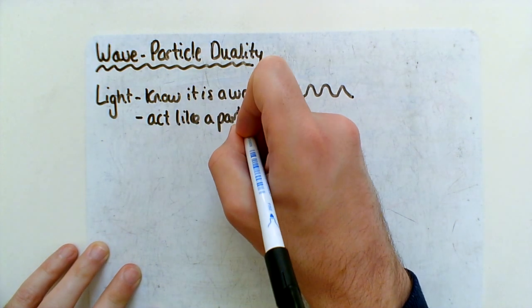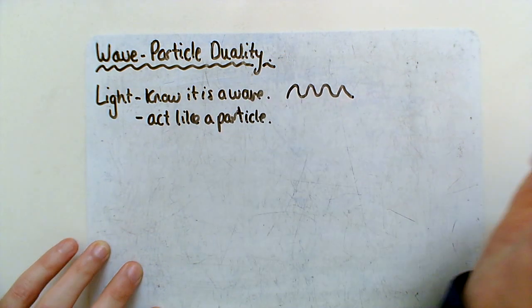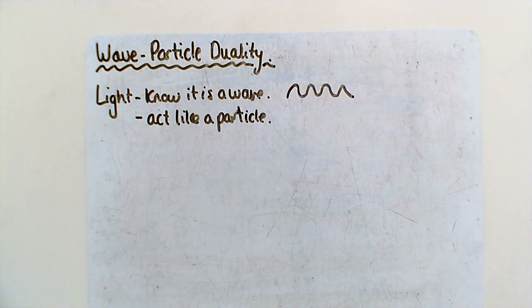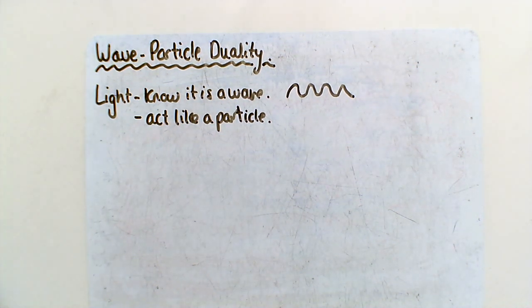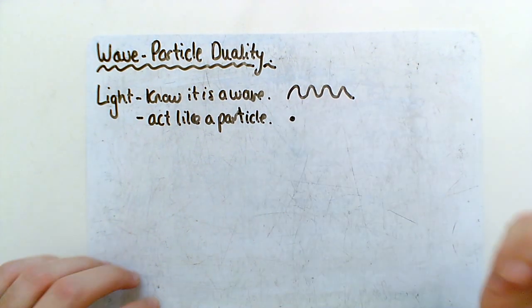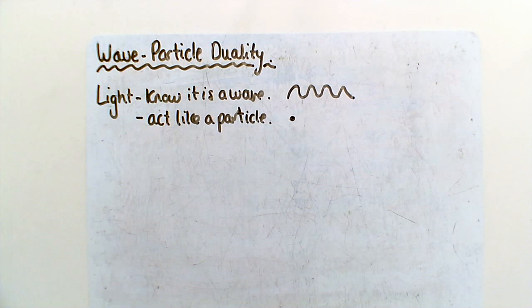So what we mean by acting like a particle, meaning it can collide with things, can impact with them in a way that we can imagine atoms combining with one another, colliding with one another, and having an effect. We can imagine light like that. So a particle we usually imagine like a dot.